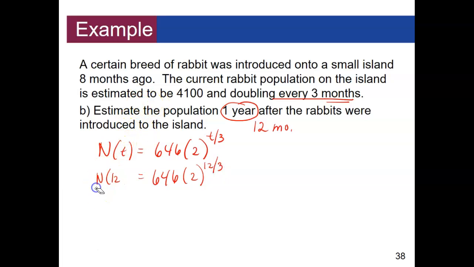That's how much time has elapsed. So when I do that, I'm going to have 646 times 2 to the 4th, which is 10,336. So that is the amount of rabbits that we have after 1 year. So we started with 646, and at the end of a year, those 646 rabbits had become 10,336 rabbits.